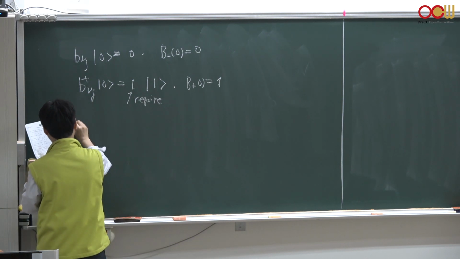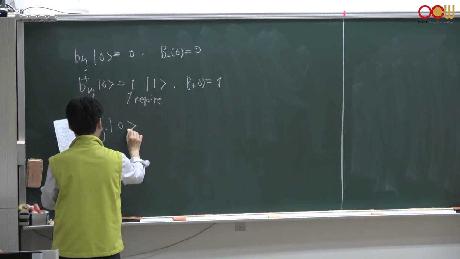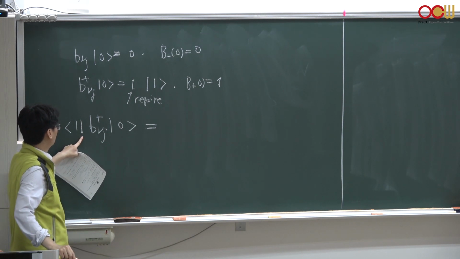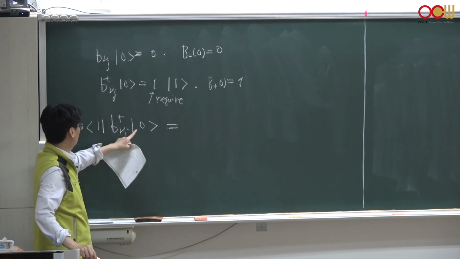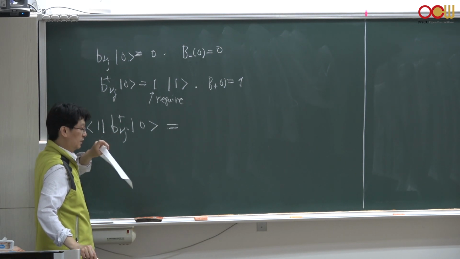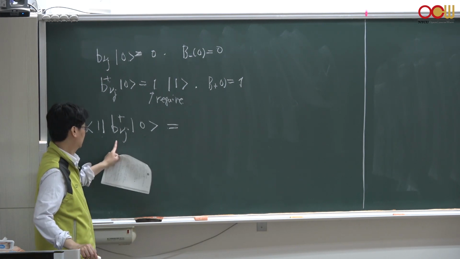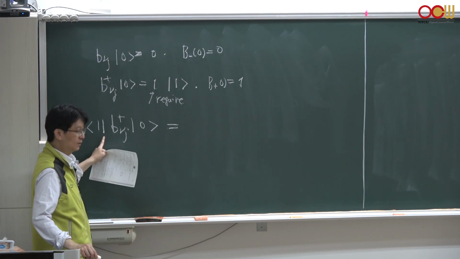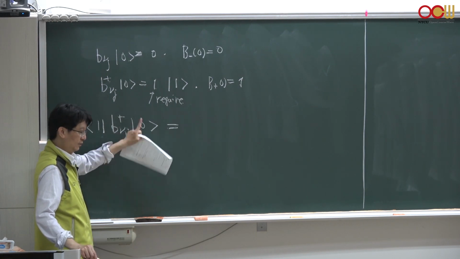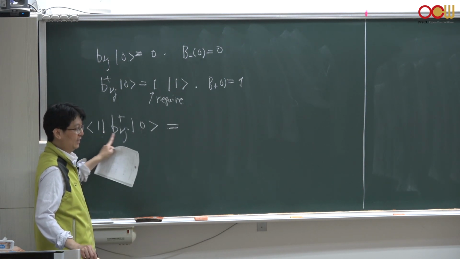So let's try using these two B coefficients in this slightly non-trivial matrix element, where you sandwich this B dagger operator between the single boson bra state and the vacuum ket state, right? This will give you some number, because B dagger acting on the empty state gives you a singly occupied state, and this singly occupied state is the same as that.